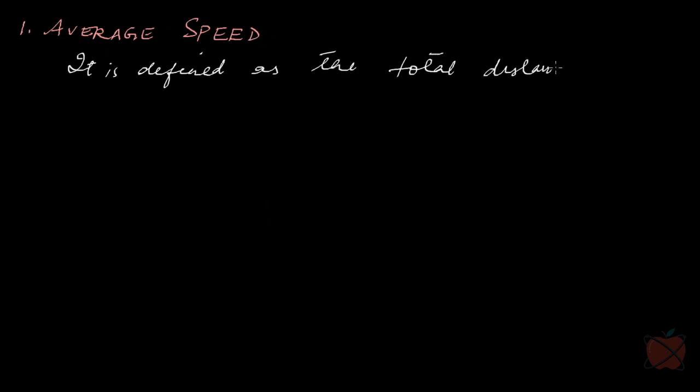The average speed is defined as the total distance divided by the total time.